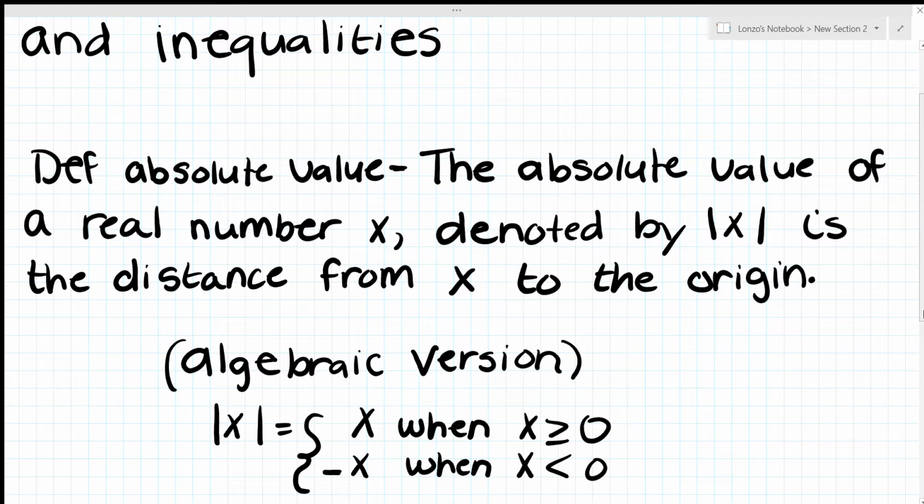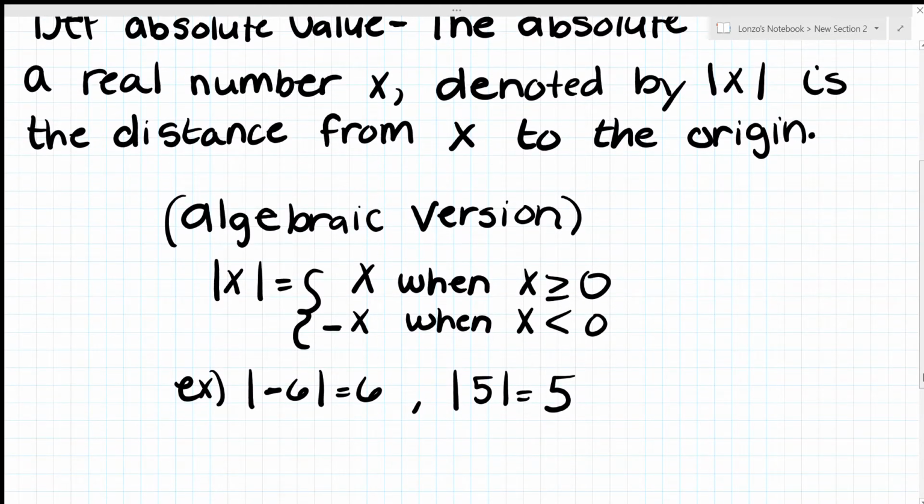So in the algebraic version, it's x when x is greater than or equal to 0, or negative x when x is less than 0. So an example would be the absolute value of negative 6 is positive 6, and the absolute value of 5 is just positive 5.